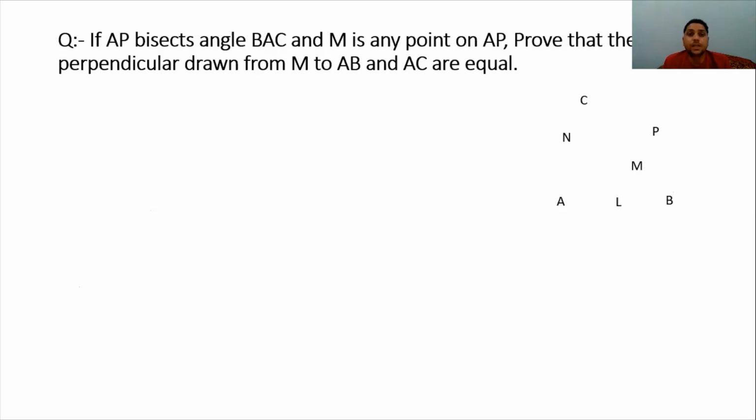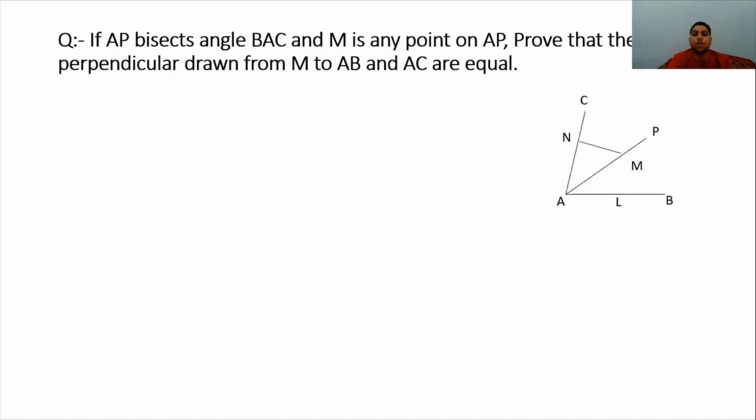If AP bisects angle BAC, and M is any point on AP, then we have to prove that the perpendiculars drawn from M on AB and AC are equal.